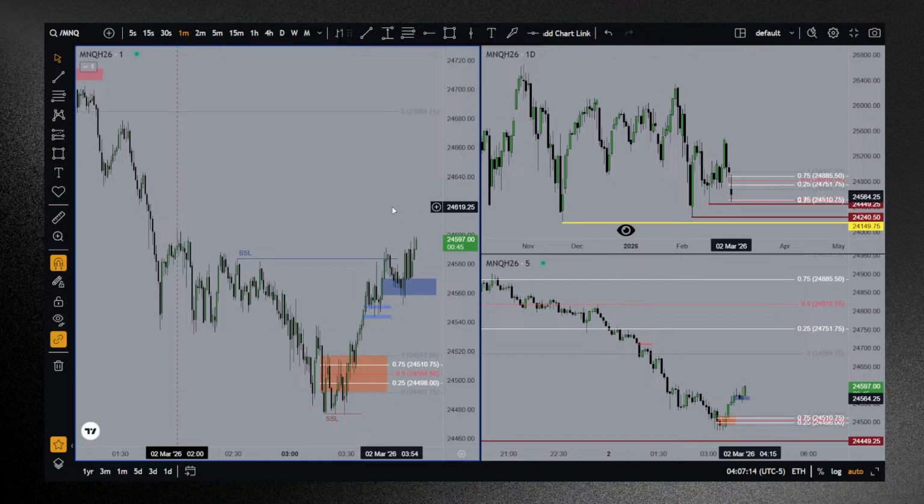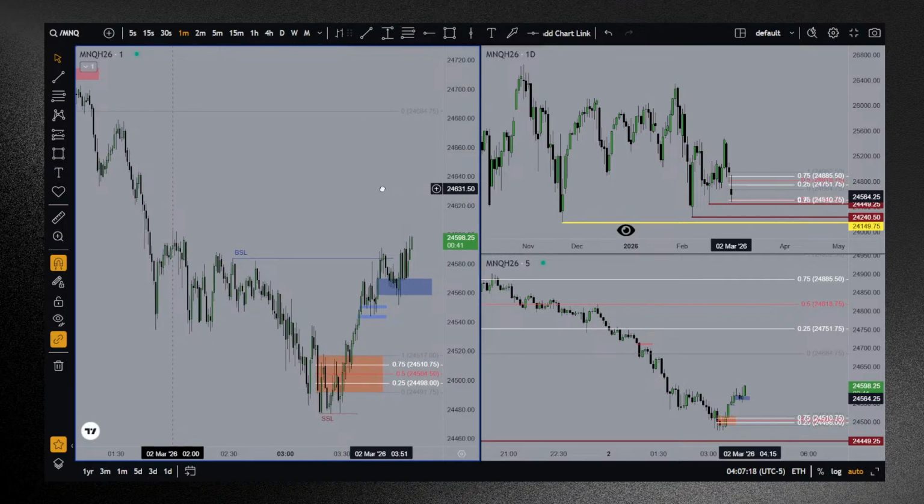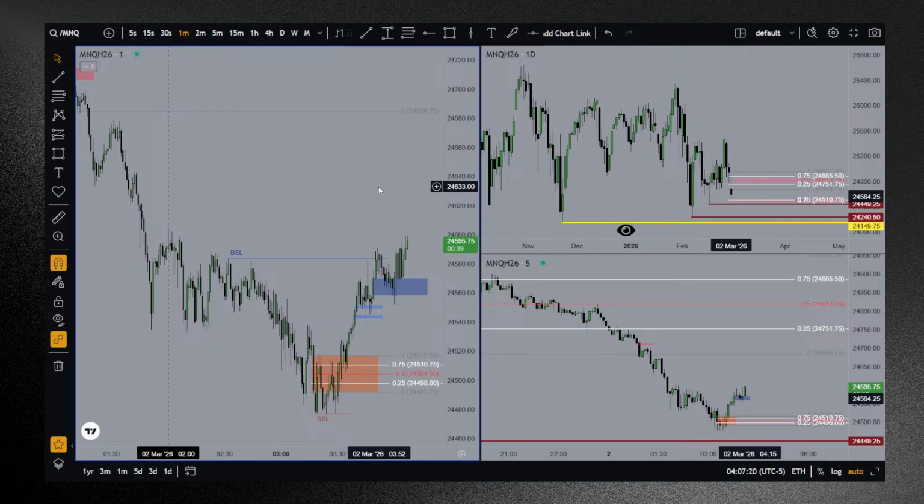So yeah, let's keep in mind that we have this large new week opening gap to the downside, right? And even though I'm preferring a bearish bias, I'm preferring lower, let's play devil's advocate here.